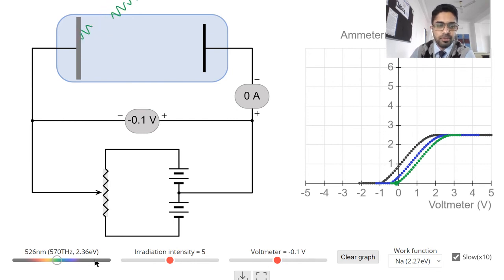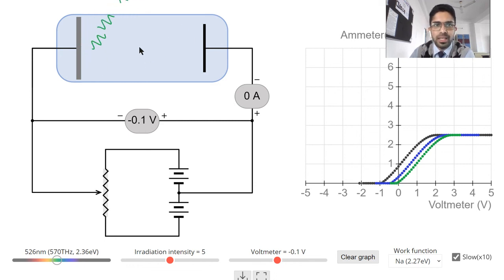So the energy left with the electrons is around 0.09 electron volt, very little, right? For this 0.09 electron volt of kinetic energy, we find that the stopping potential is also very small, minus 0.1 volt only, which is able to stop these electrons.